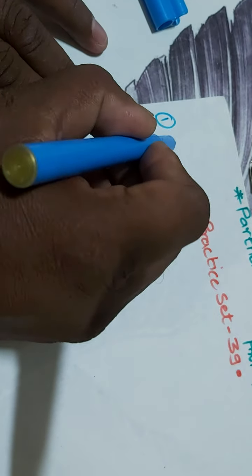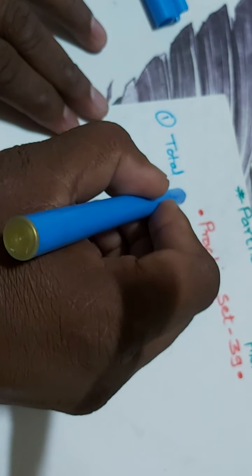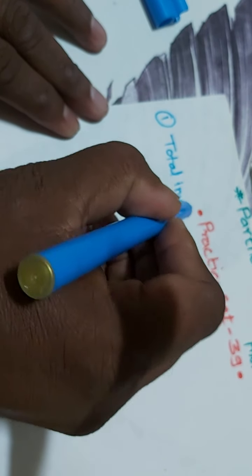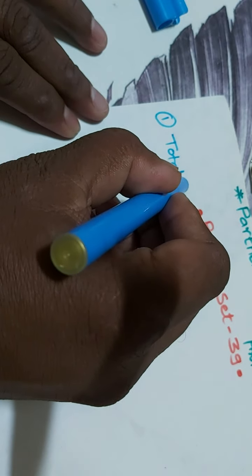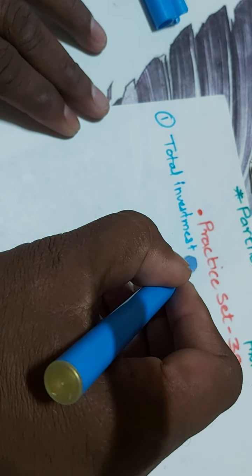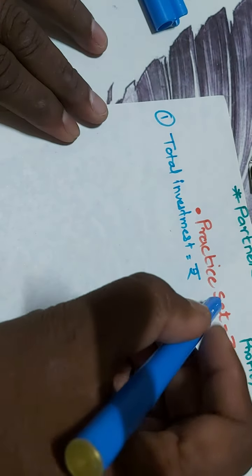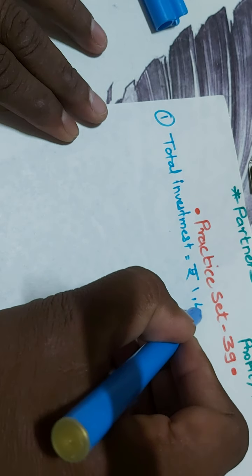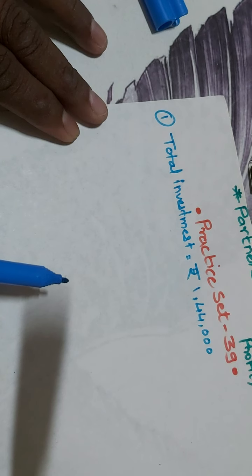So we'll write total investment, means they invested their money for this business. You have to write the rupees symbol, 1,44,000.